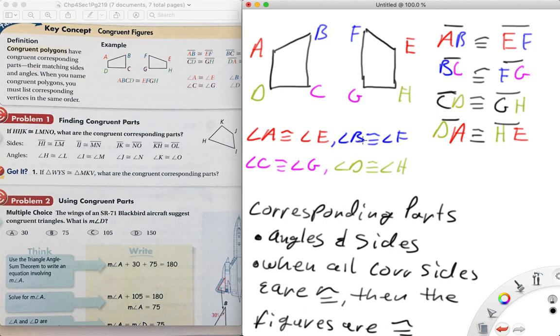Therefore, I can say that figure ABCD is congruent to EFGH.